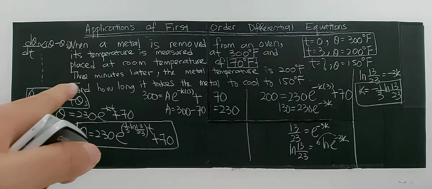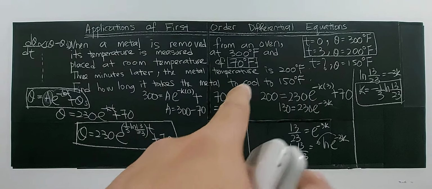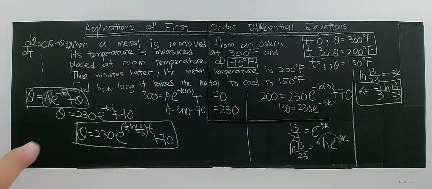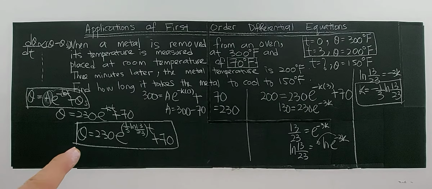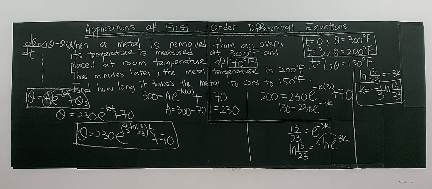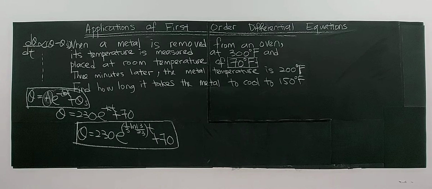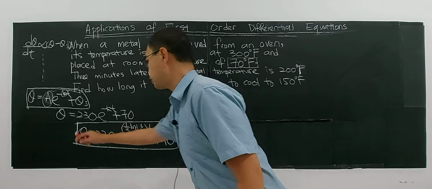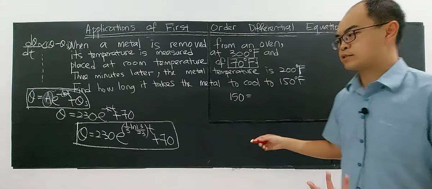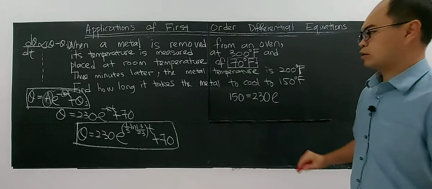The question asks to find how long it takes for the metal to cool to 150 degrees Fahrenheit. So you just replace theta with 150 and rearrange, and you can find the value of t. You replace theta with 150, just like when you do a science question or an experiment during your labs.